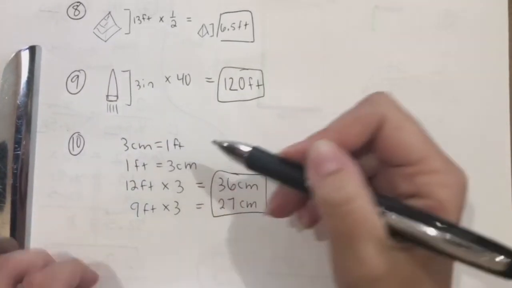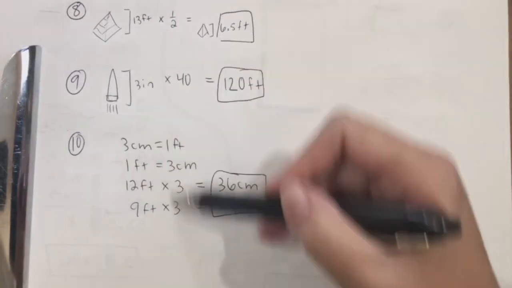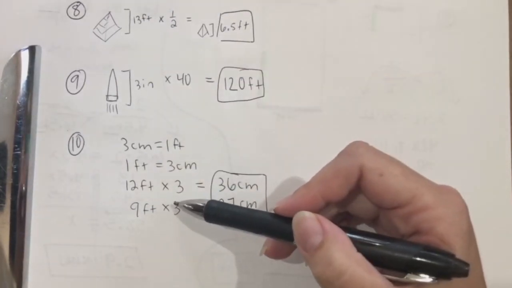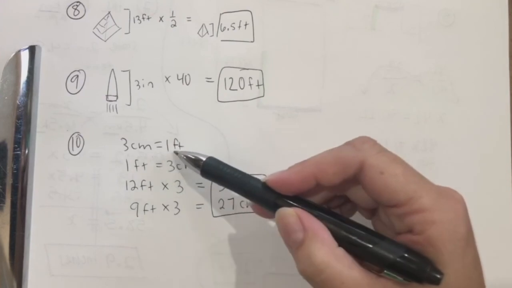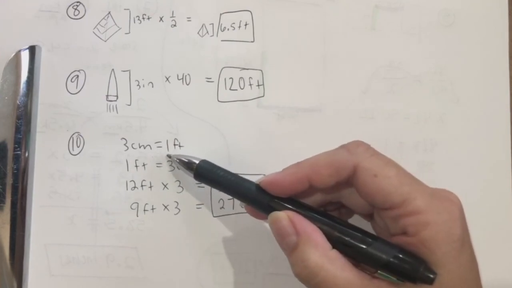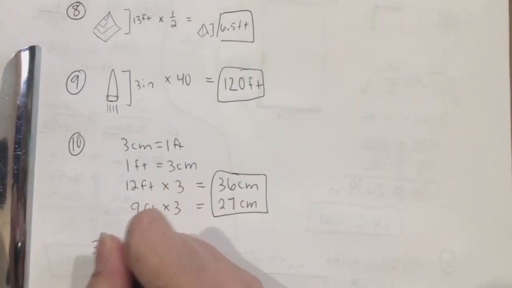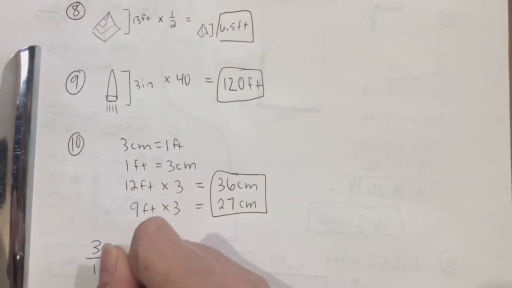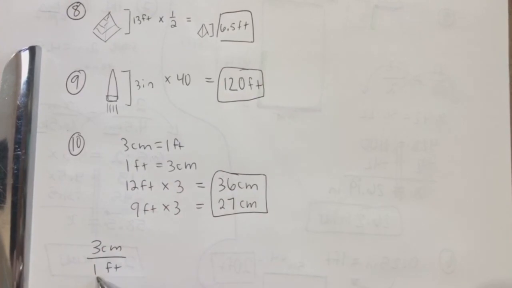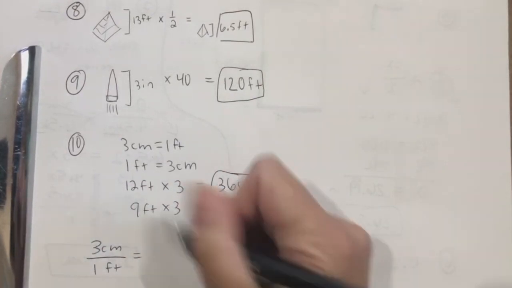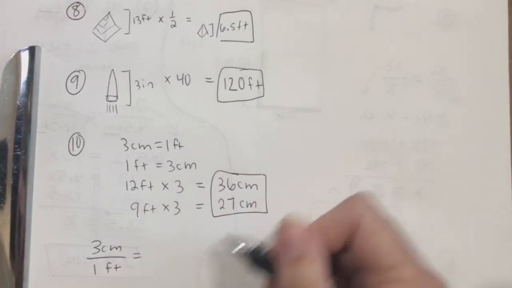If the scale was a little bit more difficult, I mean, all 8, 9, and 10, all of these were really easy because it was a comparison to 1. But if they're not, we can always set up something like this. Like, let's say it was 3 centimeters to half a foot, then you would put half a foot, 0.5, and then you would say what you have and what you're looking for.